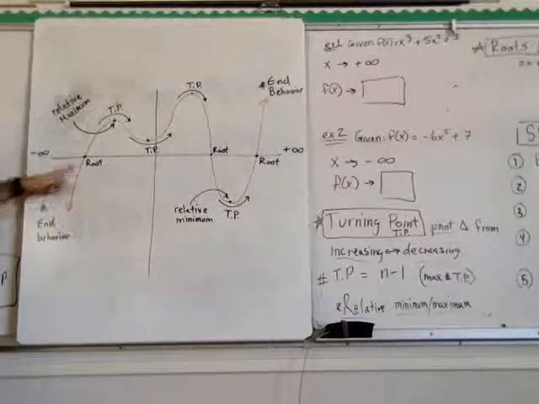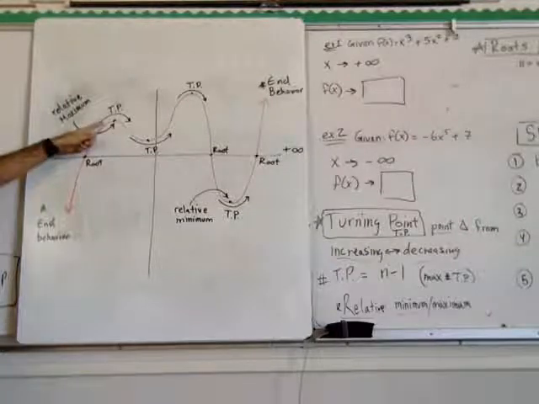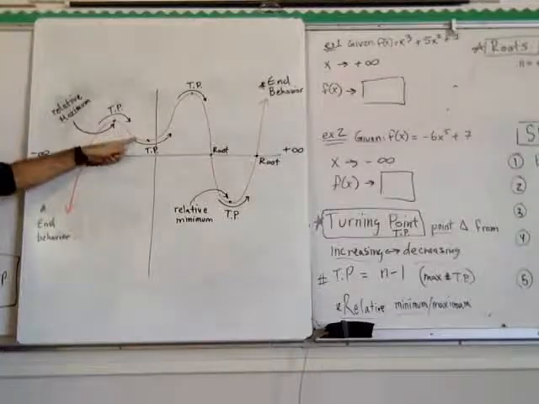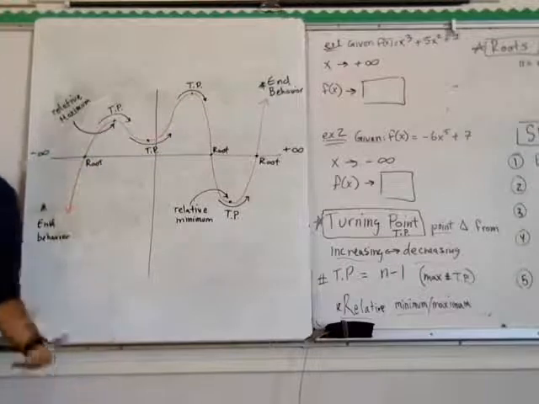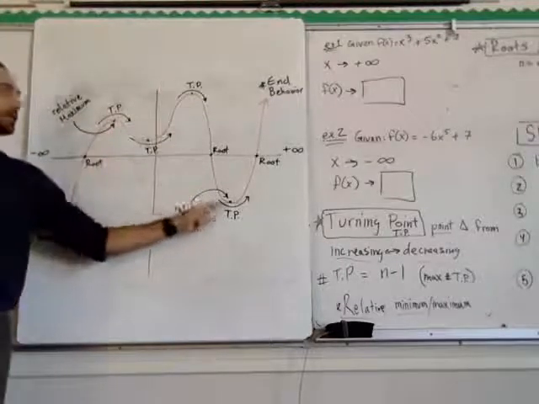So if you bought it here at $1, you get up to this point, maybe it's at $3. That's when you'd want to sell it before it starts to reduce in value, and it may even go lower than your initial investment. So the turning points are what we pay attention to if you're looking at finance with stocks.